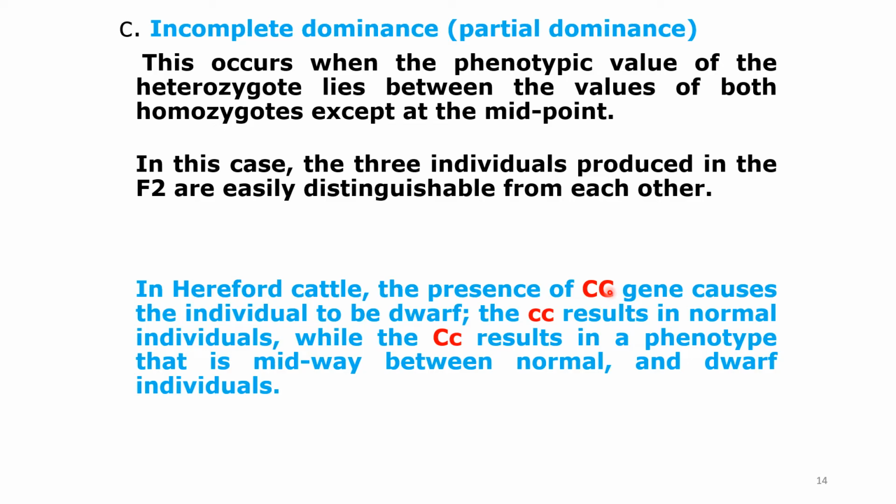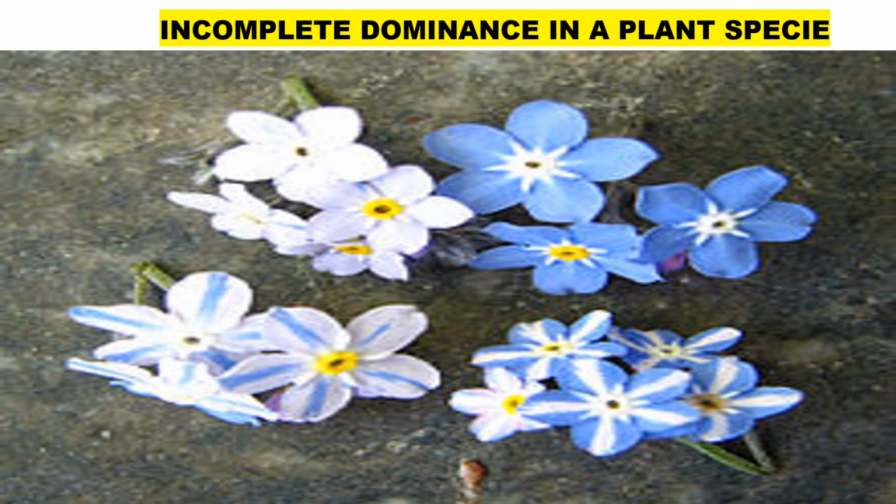Meanwhile, in the case of complete dominance, we observe that we can only have two basic phenotypes because of the dominant effect of the dominant gene. So this is an example of incomplete dominance in a plant species. So we can see that we have this, this, and this due to the effect of incomplete dominance.